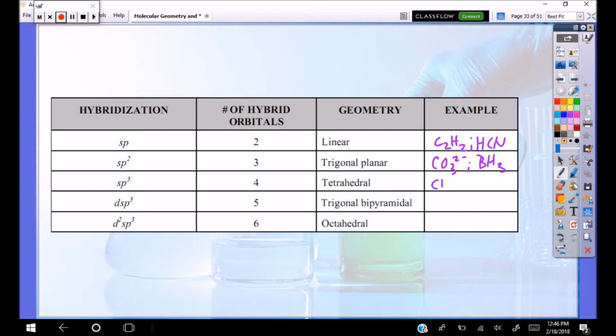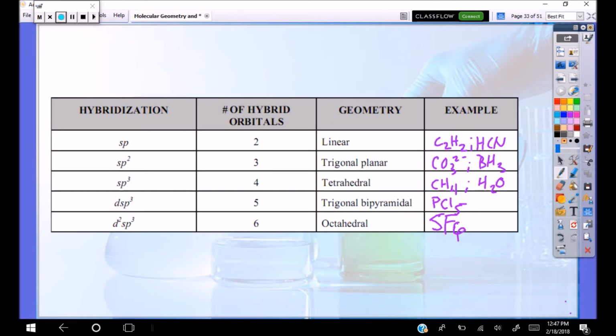Tetrahedral, we can look at CH4. We can also look at water. It's important to know that things with lone pairs count there. Trigonal bipyramidal geometry, PCl5, and then look at SF6 for d2sp3 hybridization.